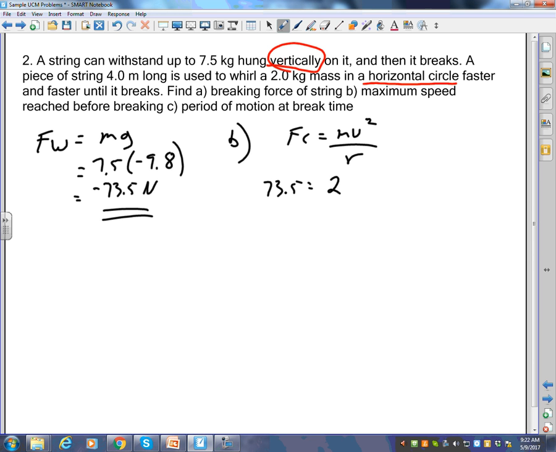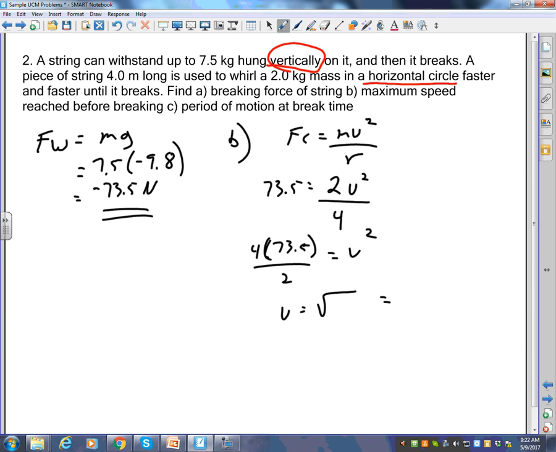We're solving for v squared. Our radius is, it's a 4 meter long piece of string. It's pretty long. Can you do the math there? Okay, it's going to be 4 times 73.5. You're going to divide by 2, and that's going to equal v squared. So then you have to take the square root of it, right?